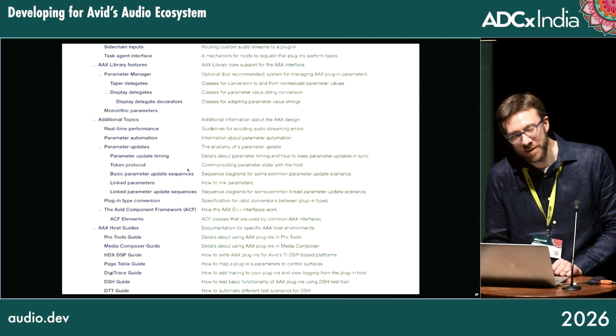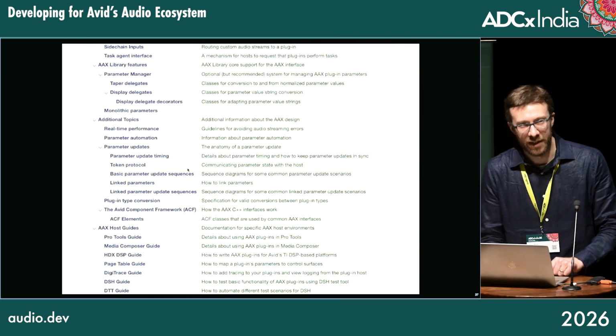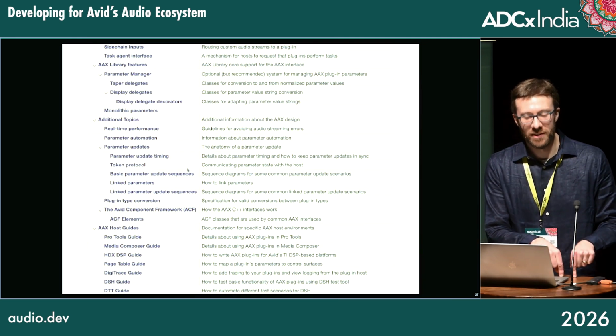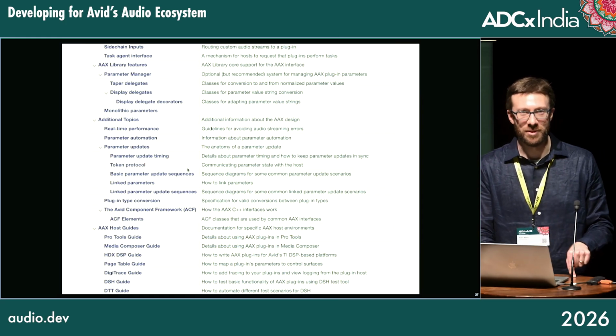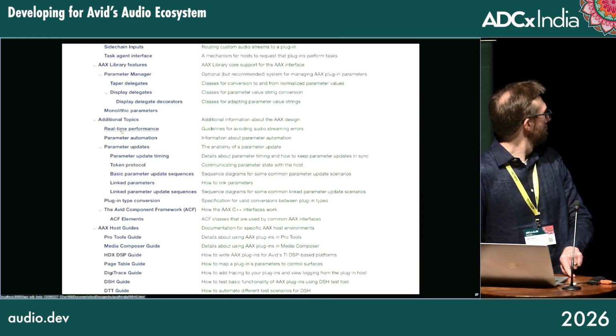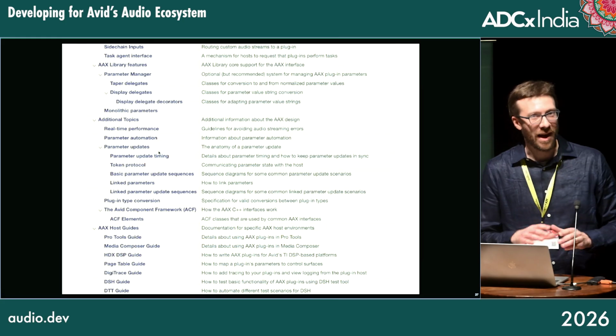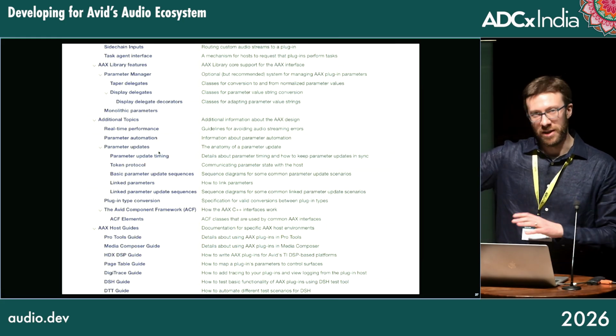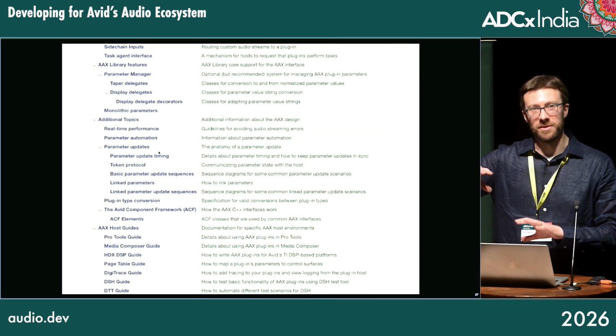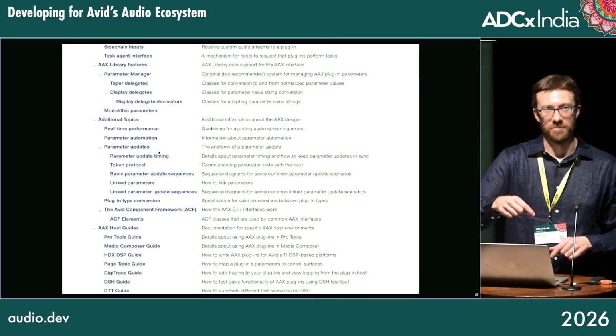I wasn't able to get into it in detail in this talk today, but I highly recommend looking at the parameter update sequence area. I've only told you half the story, which is breaking up the algorithm part. The other half is what happens when the user touches something in the GUI.